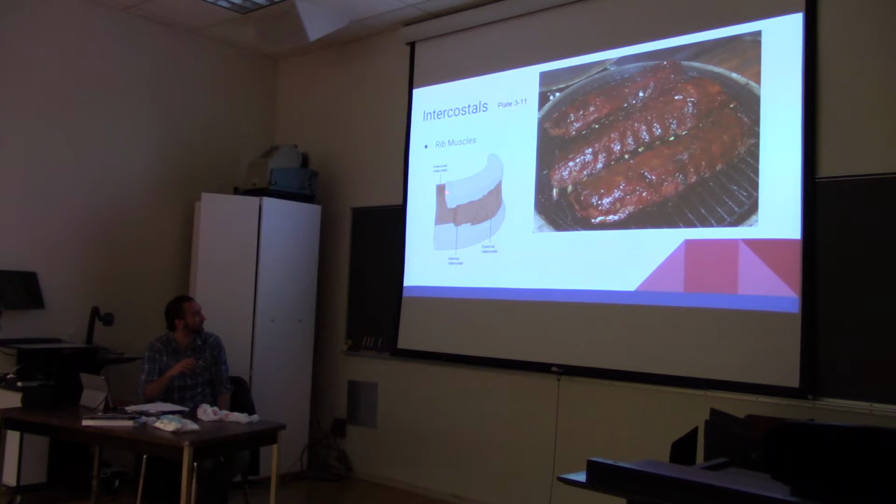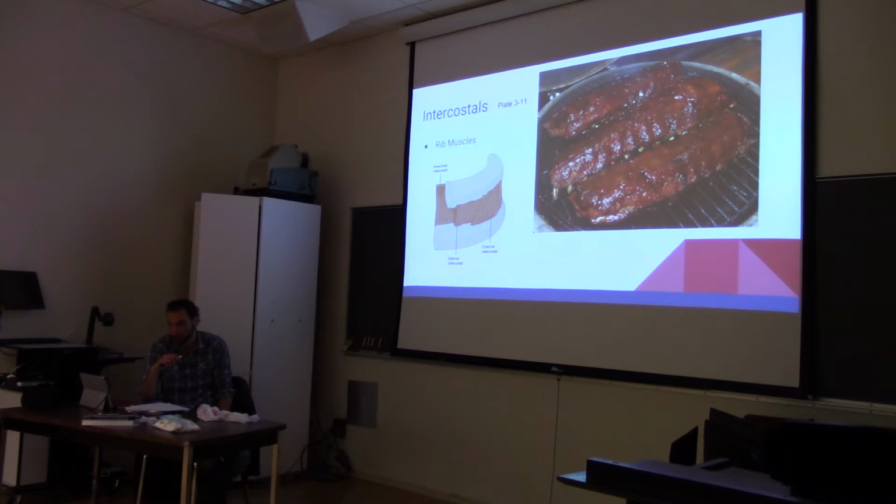Okay, so we get intercostals. There's three different kinds, right? I know we're just talking about muscles of inhalation right now, but the external intercostals are on the outside, here, how they attach right there. Then the internal are right here, and then the innermost are in the back.